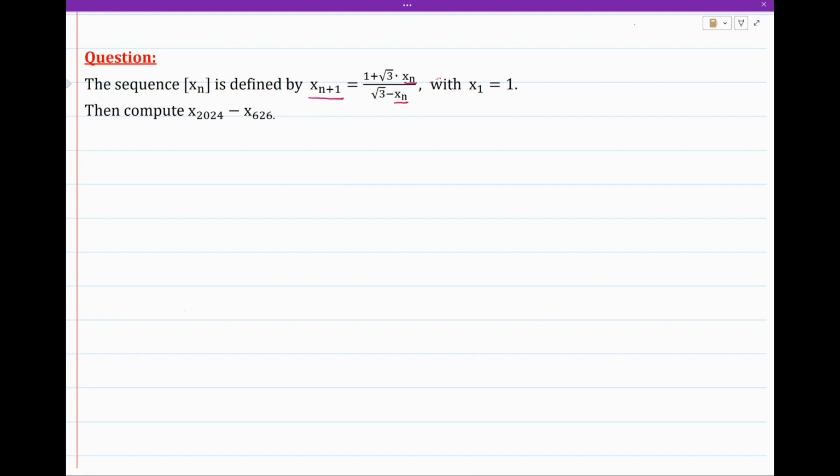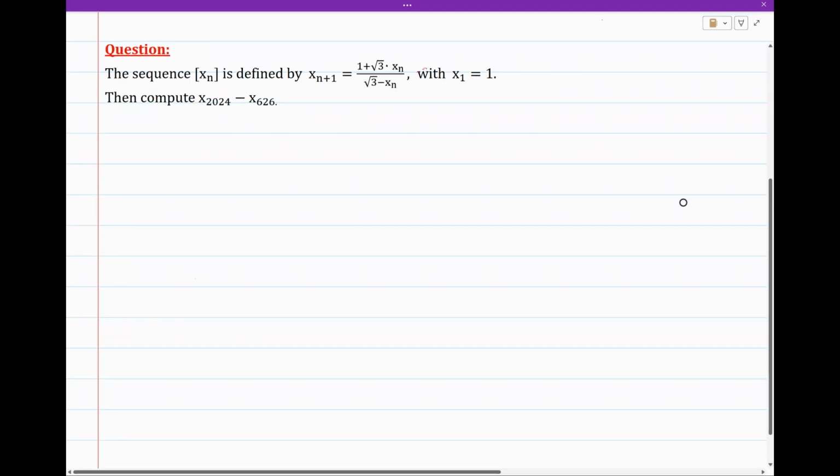That is, term number 2 is dependent on term number 1, term number 3 is dependent on term number 2, and so on and so forth. Let us now calculate the first few terms of this sequence. x1 is equal to 1, it is already given.